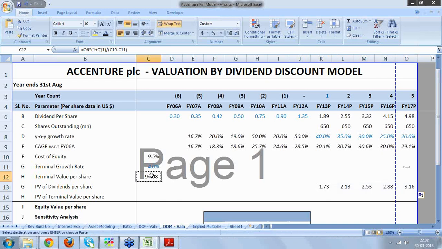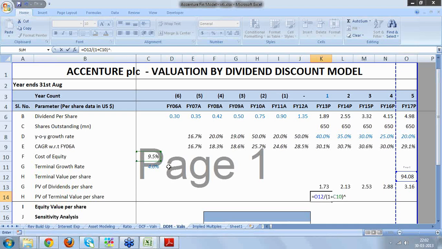My terminal value per share is actually the value in year number FY17, so I'll copy paste. My present value of terminal value today is this divided by within bracket 1 plus KE raised to the power 5.